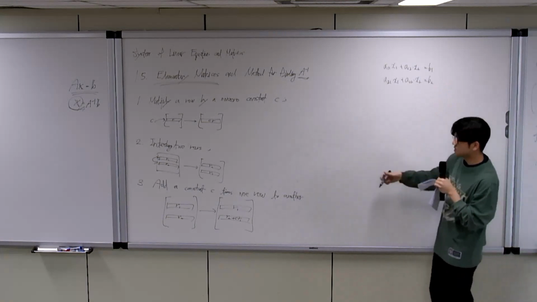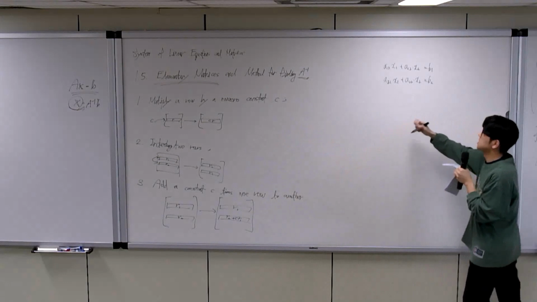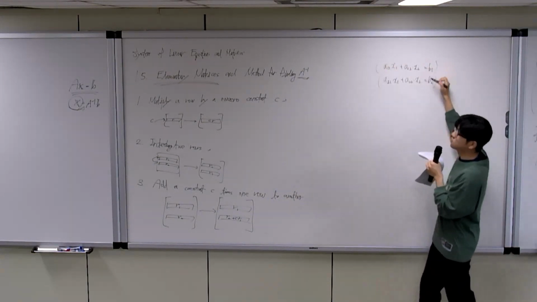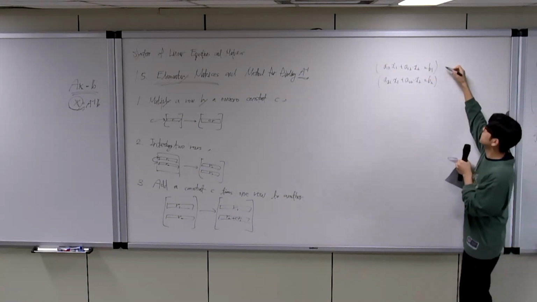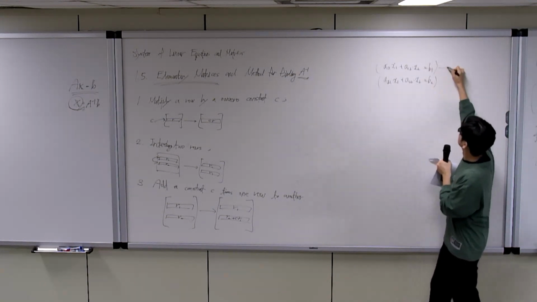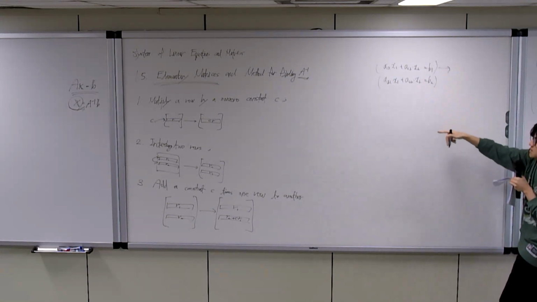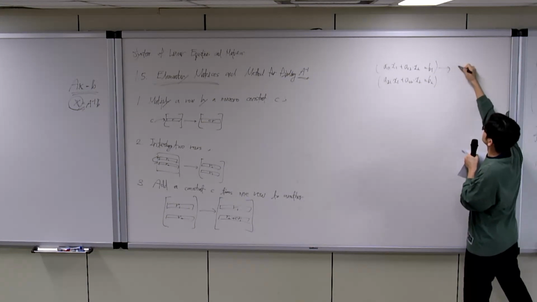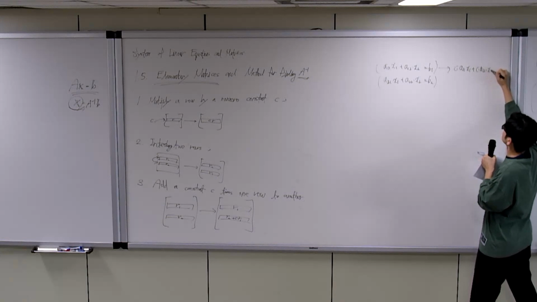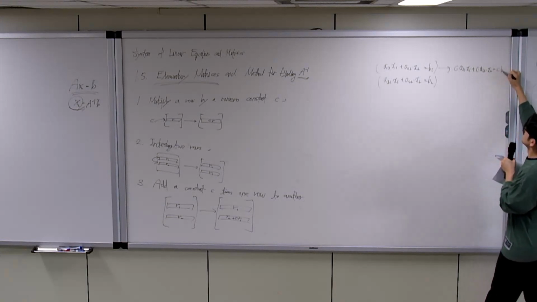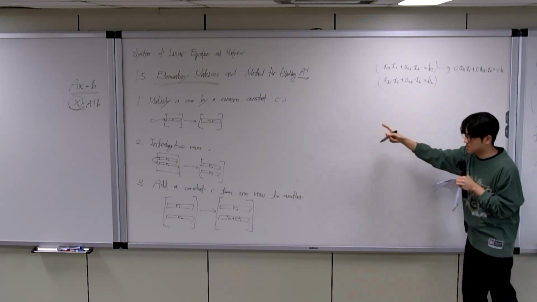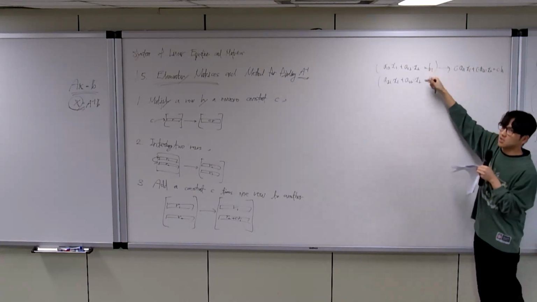Then these row operations just mean calculating with these two equations. The first operation makes C times a11 x1 plus C times a12 x2 equals C times b1.